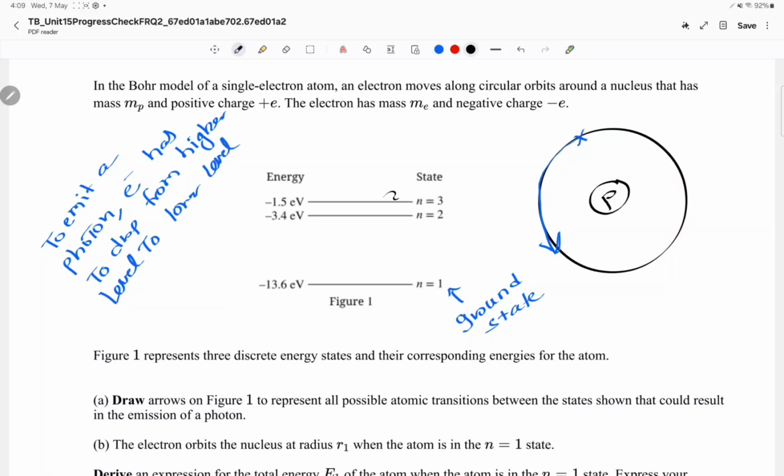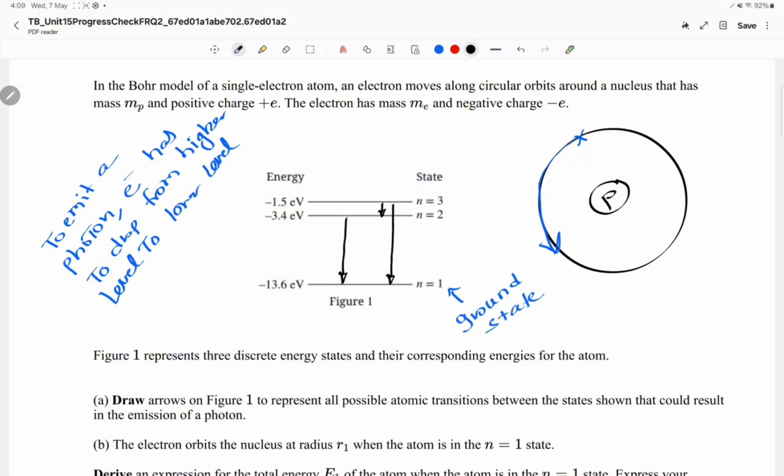So if we drop from here to here, that would do it. If we drop from here to here, that would do it. And if we drop from here to here, that would also do it. Three possible transitions, basically.